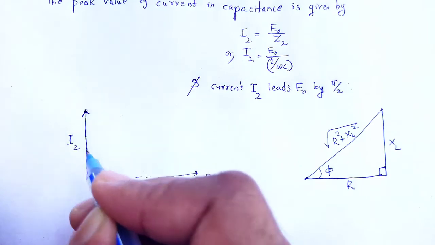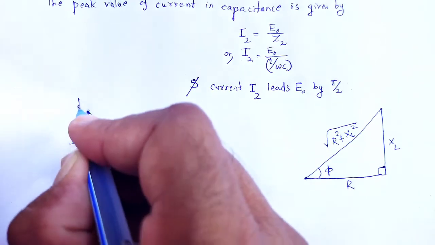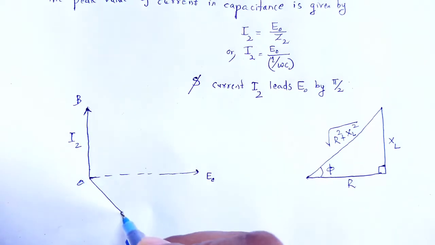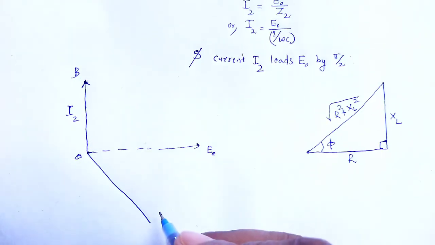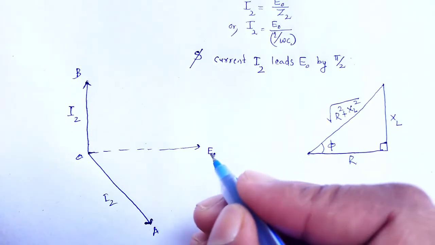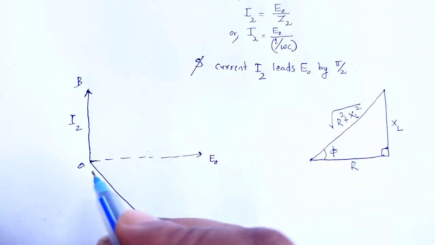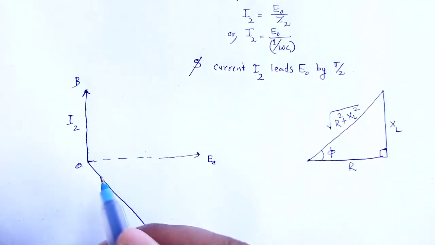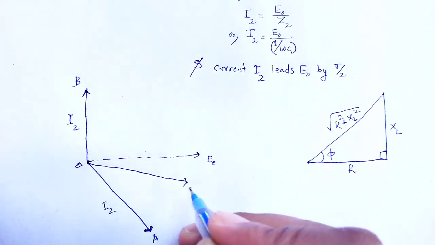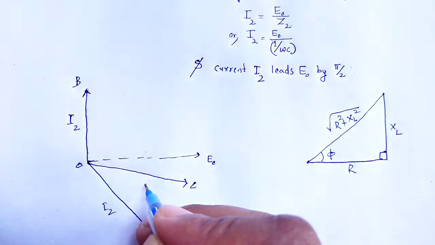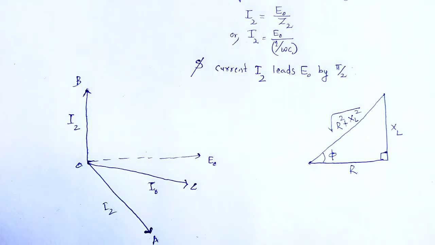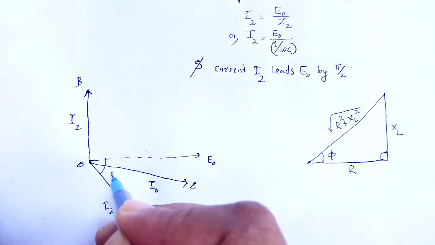Plot I2, OB, in this axis, OA as I2. So the resultant of I1 and I2 is I naught, the peak of these two currents, at the angle phi.